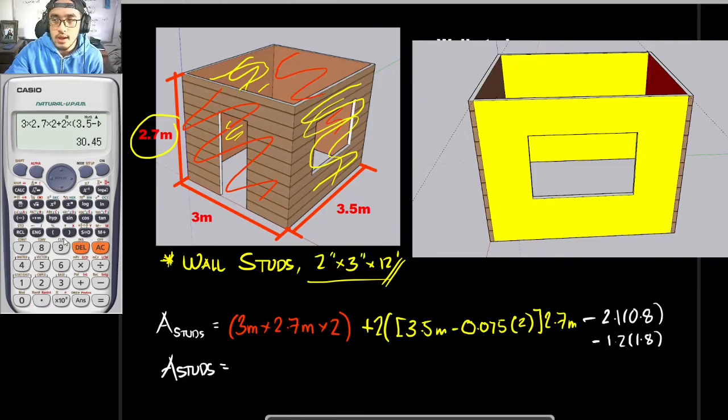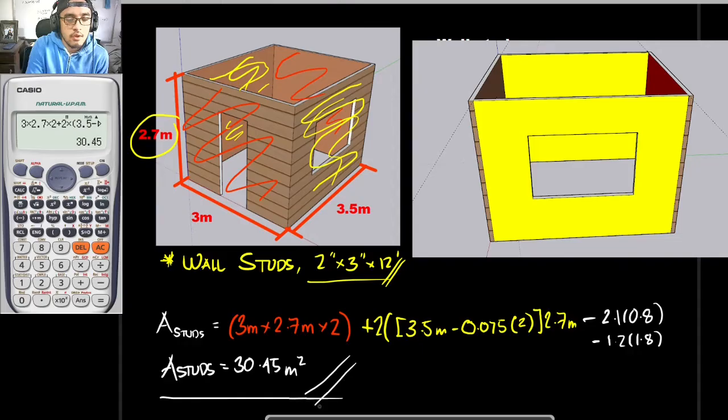So our answer here would be 30.45 square meters. So this would be the area of the wall wherein we would be putting our wall studs.